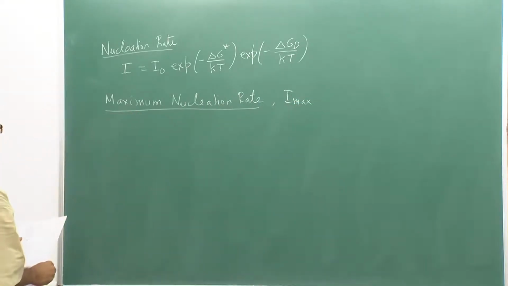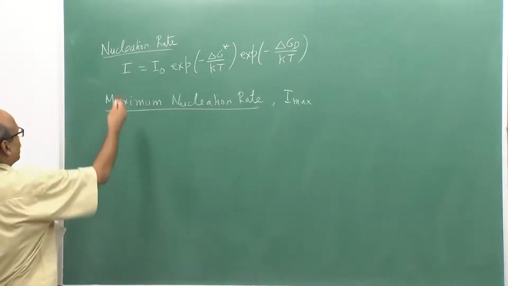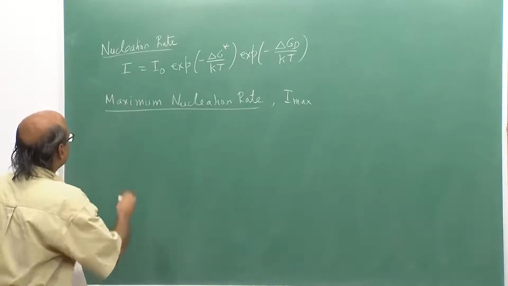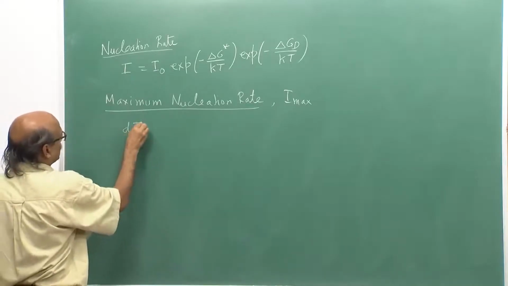So, how do we do this? Well, all we have to do is differentiate the nucleation rate relationship and set that to 0.